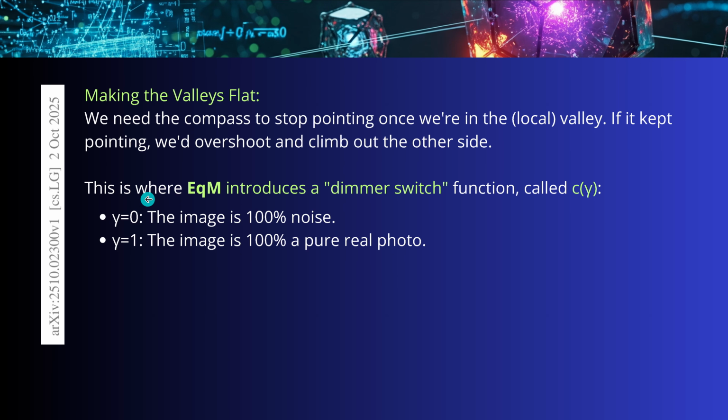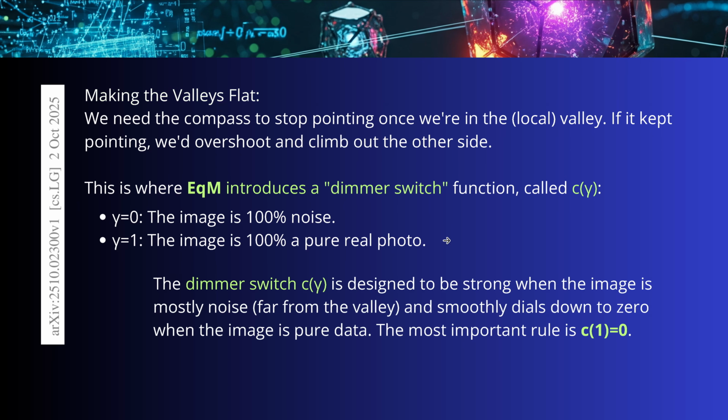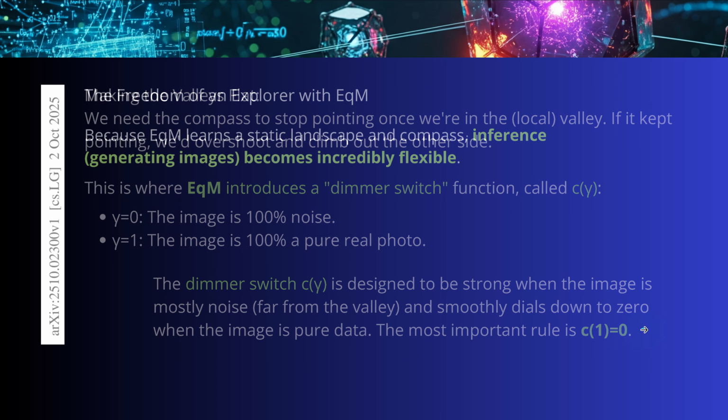So if y equals 0, the image is pure noise. y equals 1, the image is a pure real image, a real photo. And now the dimmer switch is designed in a way to be strong when the image is mostly noise. So if we are far away from the valley, somewhere up in the Austrian mountains, and smoothly dials down to 0 when the image is now pure data, when we are down in the valley. So the most important rule is, if we are really down in the valley, our c function equals 0.